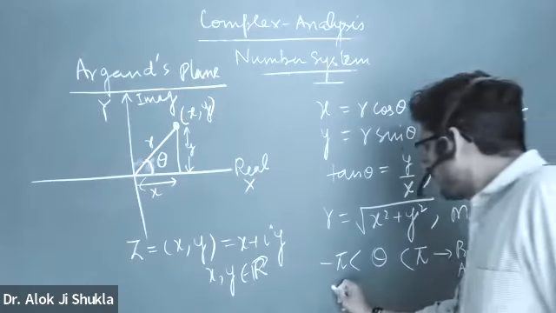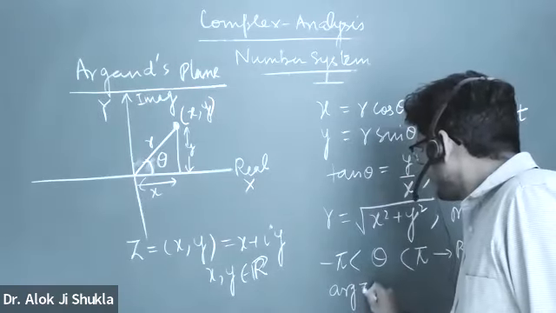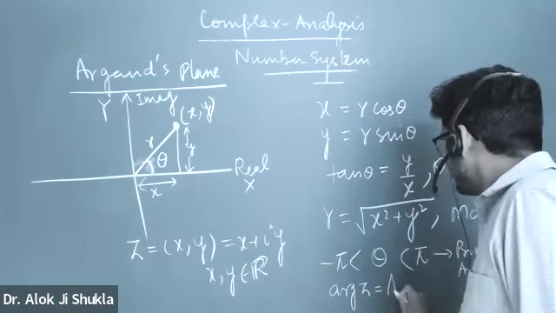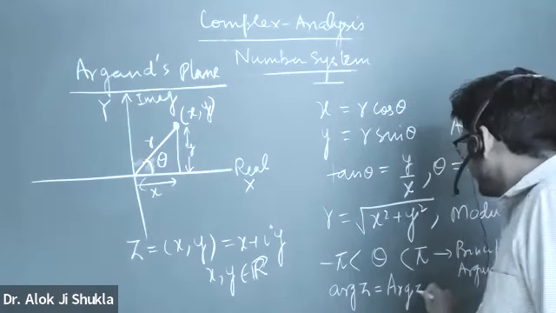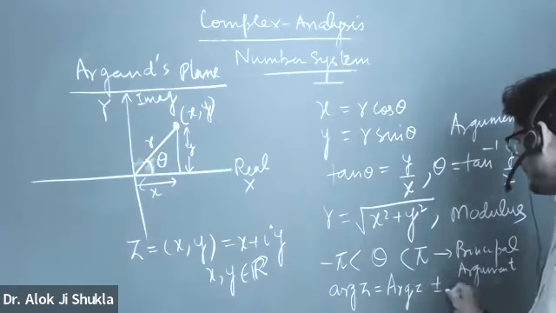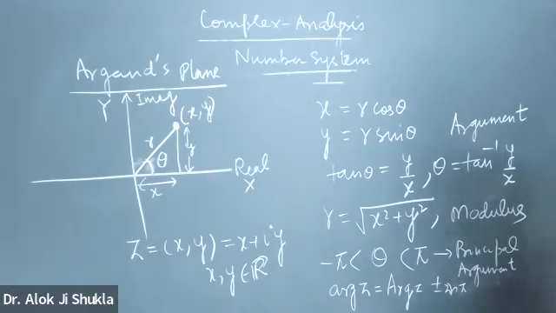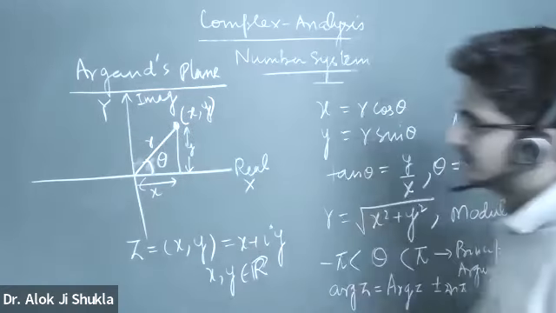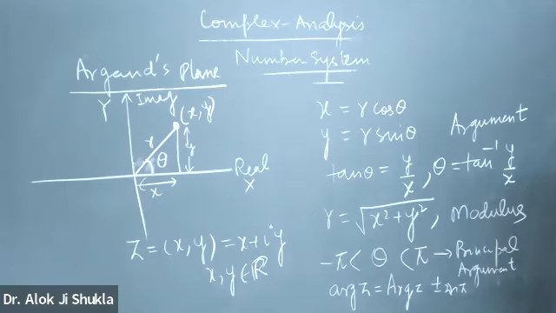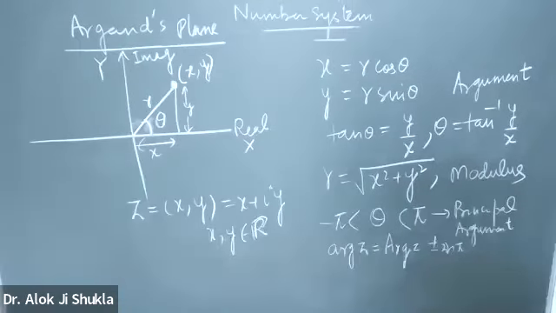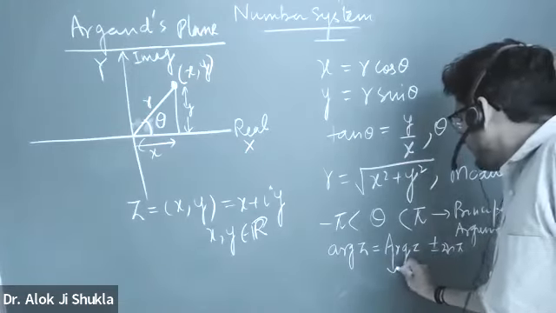So the normal argument can be represented as the principal argument, which I am writing with a capital A, Arg z, plus minus 2n pi. Because you can see theta can be rotated n number of times to increase the values. So this one is called principal argument.